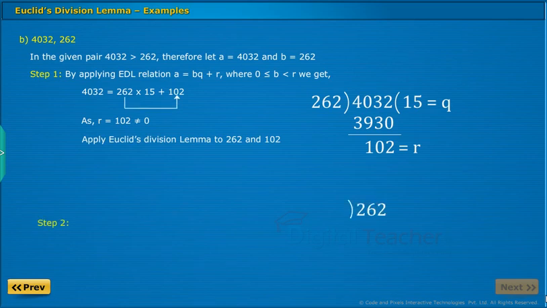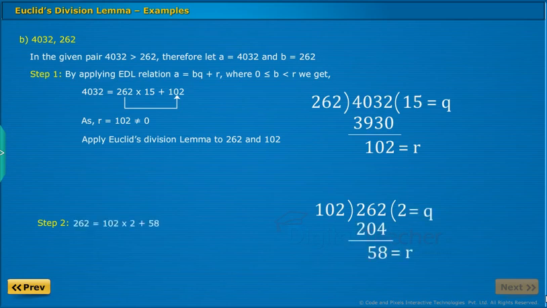Step 2. 262 is equal to 102 into 2 plus 58. As r is equal to 58, which is not equal to 0, apply Euclid's division lemma to 102 and 58.